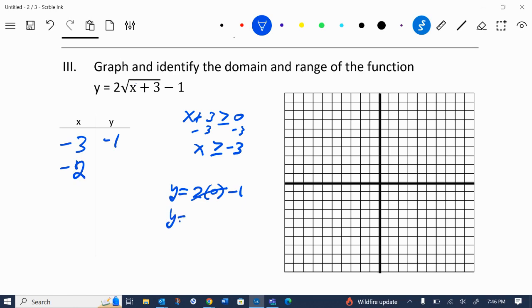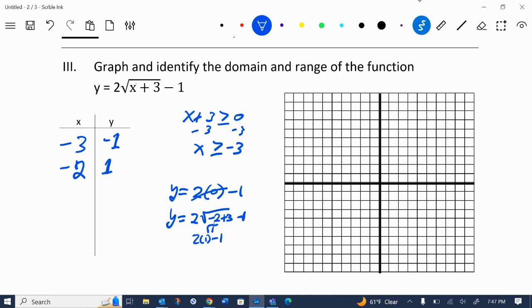So y equals 2 times the square root of -2 plus 3, and then -1. The -2 plus 3 gives us the square root of 1. And 2 times 1 is 2, minus 1 is 1. So we've got a -1 and a 1.